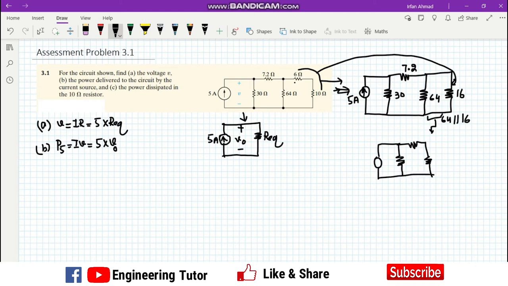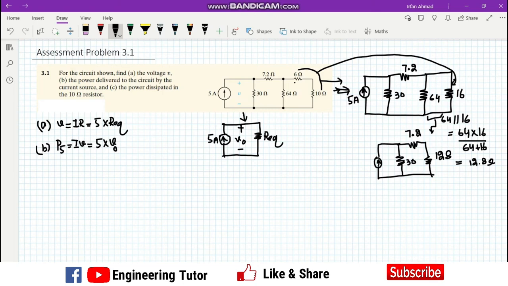For calculating the equivalent resistance of these two parallel resistors, we have 64 times 16 divided by 64 plus 16, so we get 12.8 ohm. So now it is 7.2, this is 12.8, and this is 30.